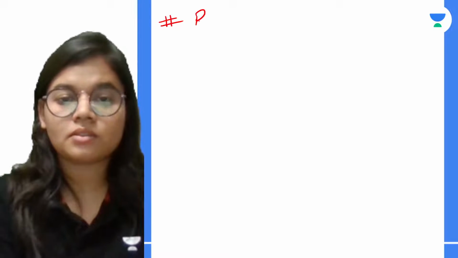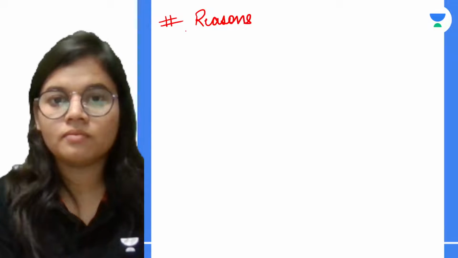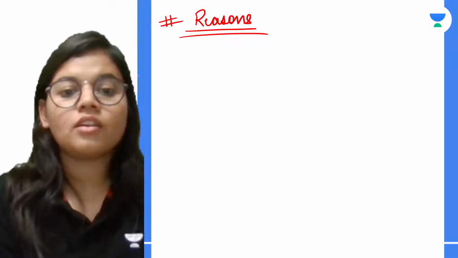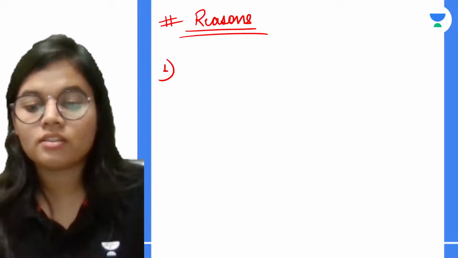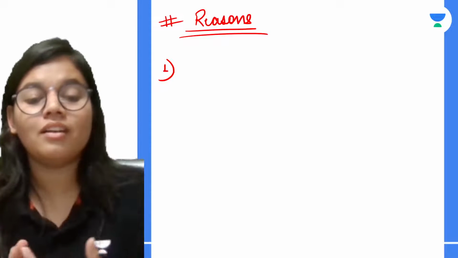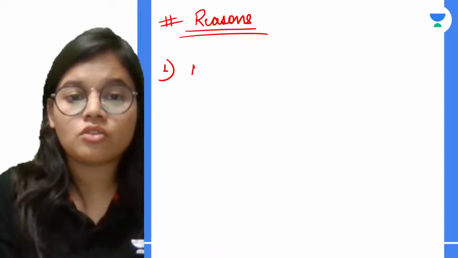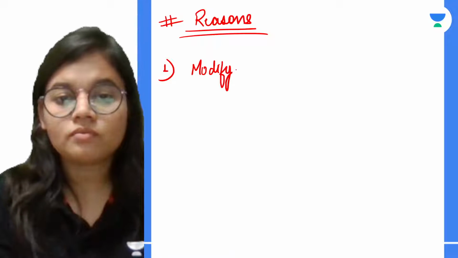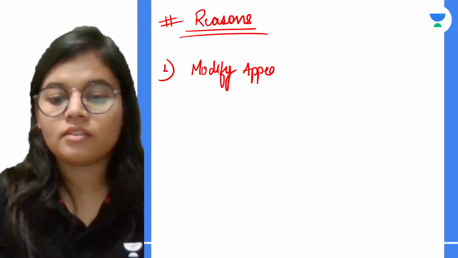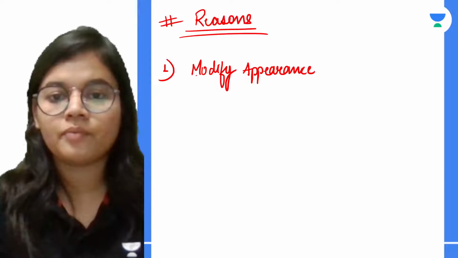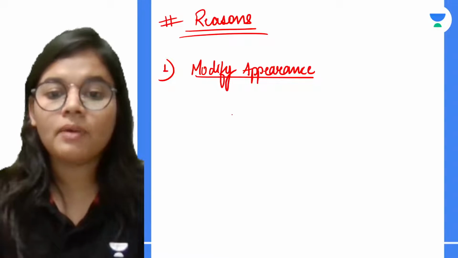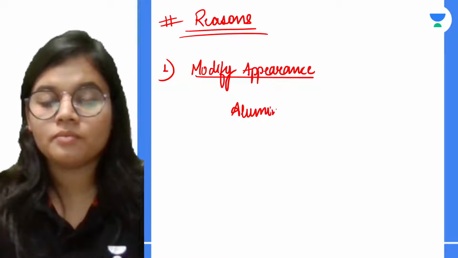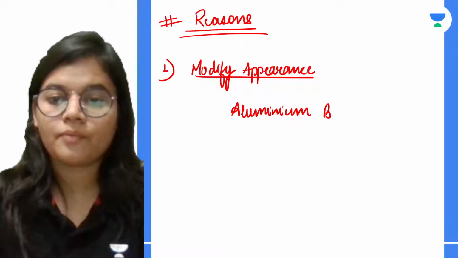Okay, so now let's look at the reasons. The first reason is if we want to change the appearance. Let's suppose we want to change the color or the appearance, so to modify appearance. Let us take one example: aluminium bronze. What is aluminium bronze?